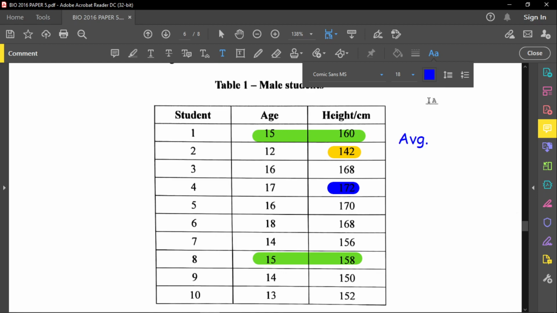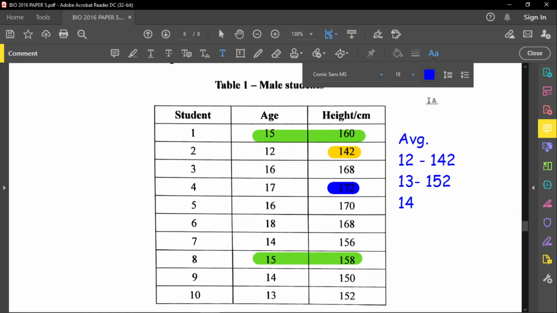For example, 12-year-olds: you only have 142 because there's only one person there. Then the 13-year-olds: you have 152, only one person again. Then the 14-year-olds: there are two of them, 156 and 150.